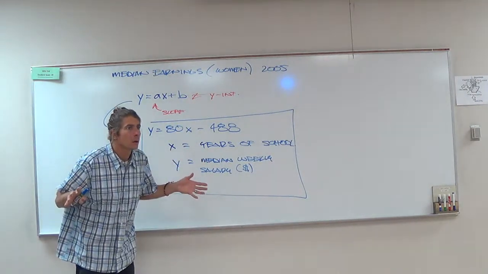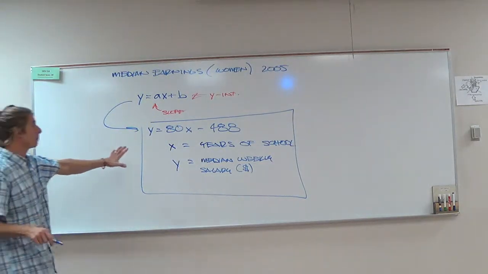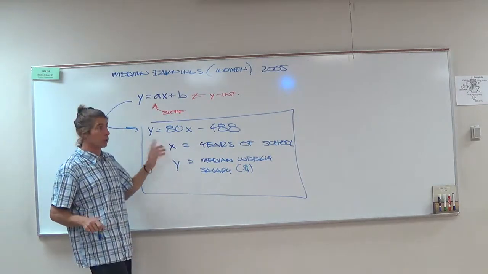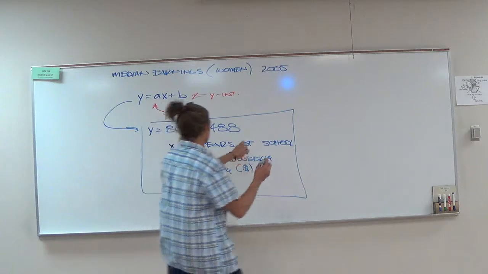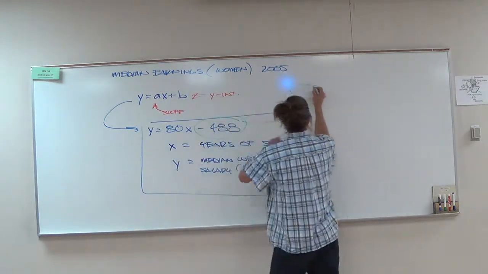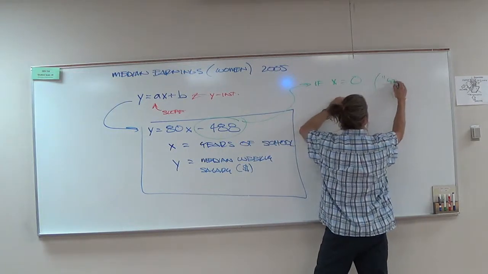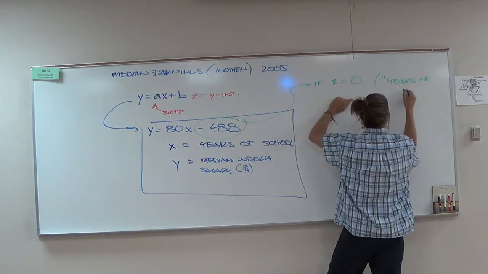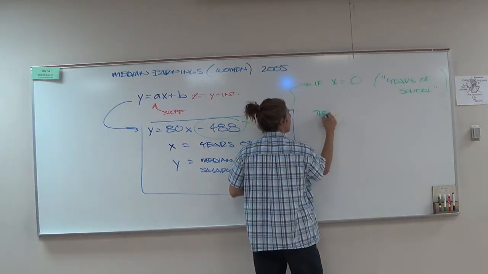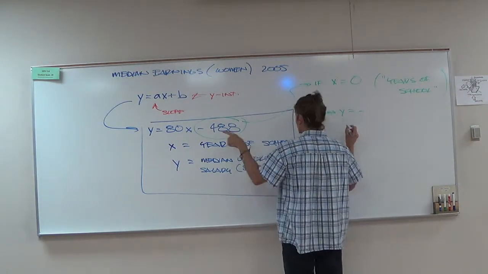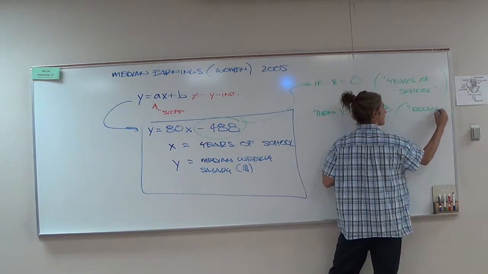It's when x equals 0 years. Yep. When x equals 0. Remember, the mathematical model doesn't know we're talking about money. It just knows we put data in, correct? Right. So the interpretation of that y-intercept is if x equals 0, I'm going to put it in parentheses, years of school, then y equals negative 488, quote-unquote, dollars.